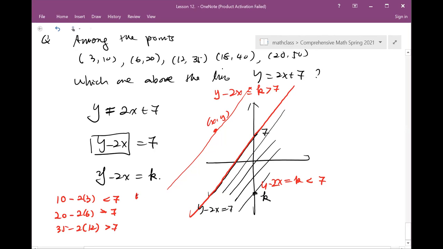Then 40 minus 2 times 18, which is 36, is less than 7. And 50 minus 2 times 20 is greater than 7.